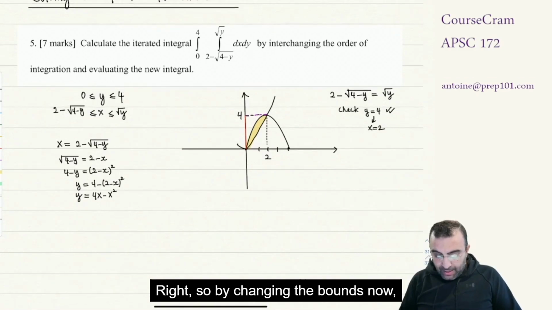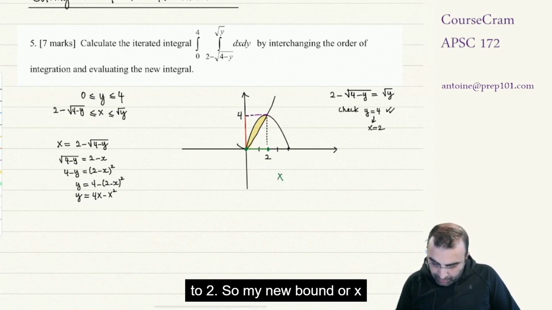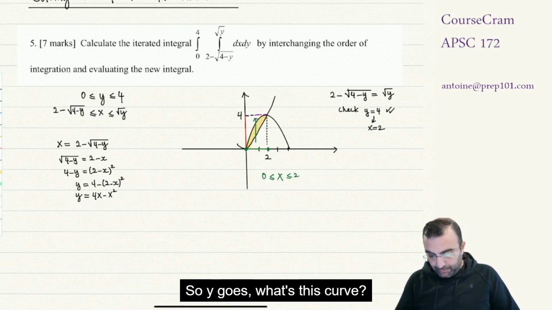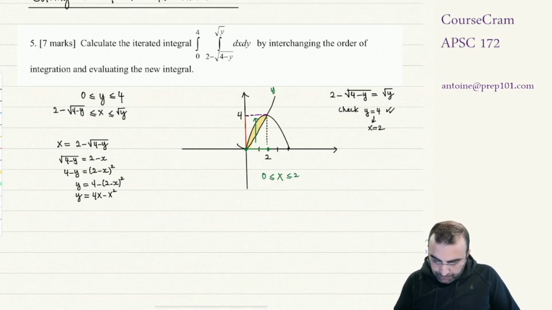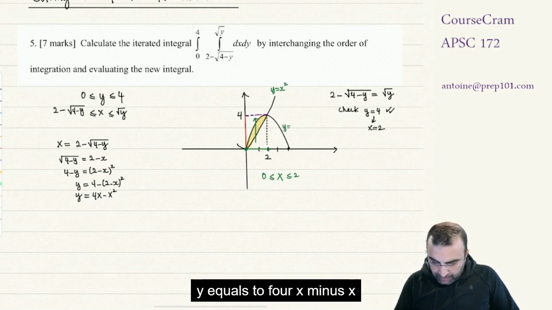Right, so by changing the bounds, now I need to fix x. So x is fixed from 0 to 2, and y goes from here to here. What's this curve? This is the curve y equals x squared, and this is the curve y equals 4x minus x squared.